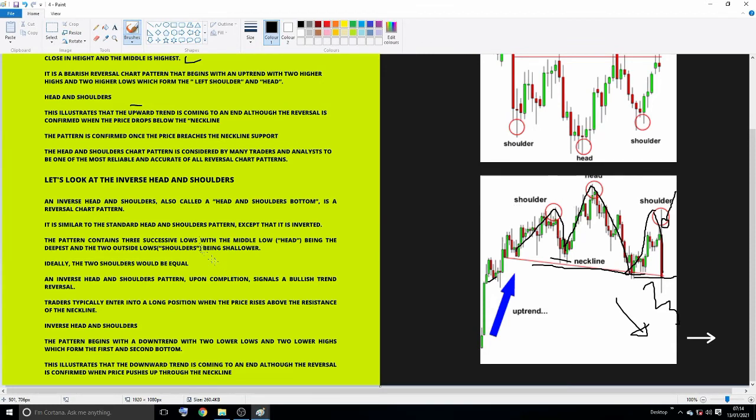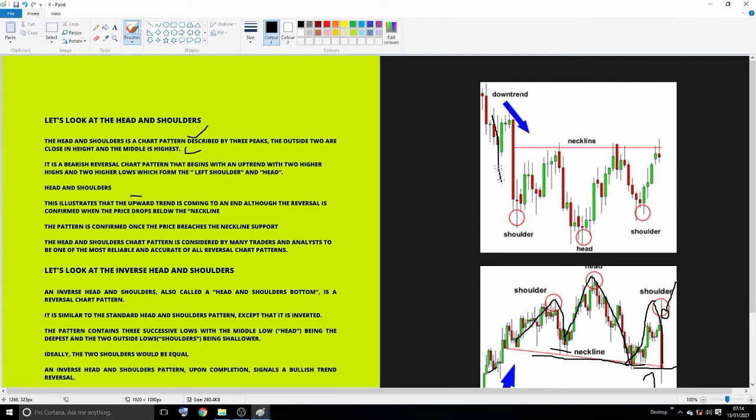Now the inverse head and shoulders is the exact opposite of the head and shoulders. The price comes and gives us a low, and then on the other low it goes lower than this previous low, and then it pushes up and comes and gives us a low that is equal to the first shoulder, confirming the second shoulder.